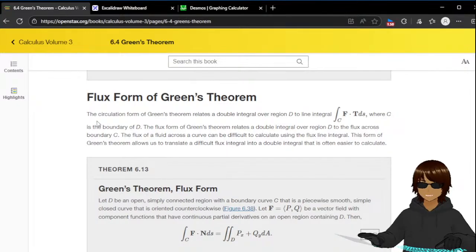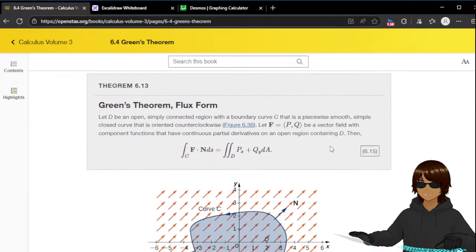Flux form of Green's theorem. The circulation form of Green's theorem relates a double integral over region D to a line integral, where C is the boundary of D. The flux form of Green's theorem relates a double integral over region D to the flux across boundary C. The flux of a fluid across a curve can be difficult to calculate using the flux line integral. This form of Green's theorem allows us to translate a difficult flux integral into a double integral that is often easier to calculate.